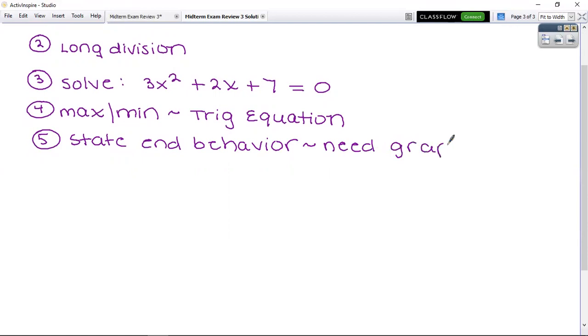So I'm going to give you a function and I want you to practice typing this in your calculator. So I want to go f of x equals x to the 4th, I don't know, plus 1. So you're going to type in your calculator right now, x to the 4th plus 1, and you're going to get a sketch. This one's kind of like this, give or take.